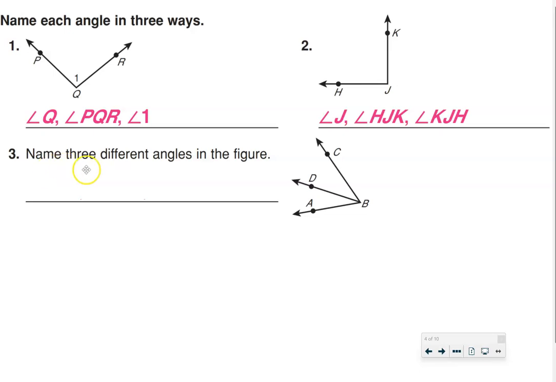Okay, here we want to name three different angles in the figure. So here's a figure and there are three angles.